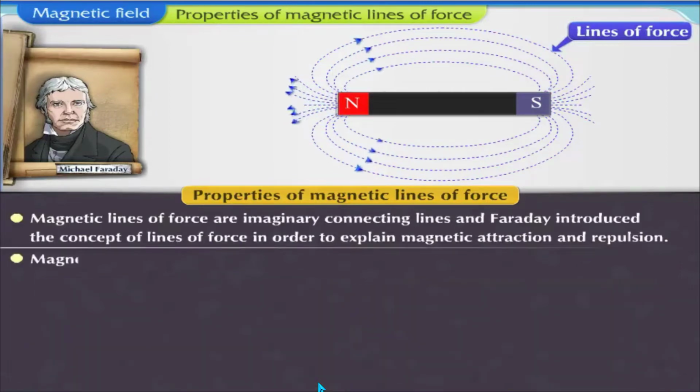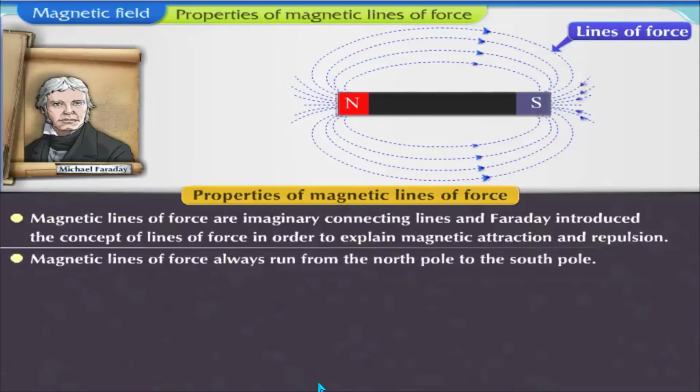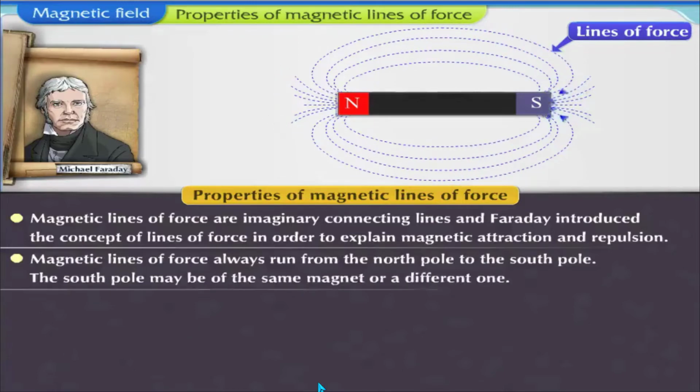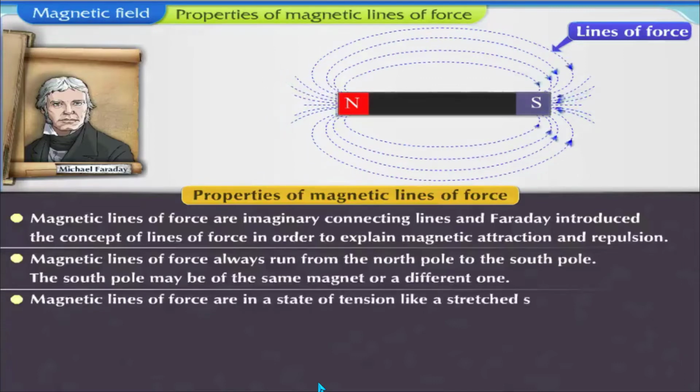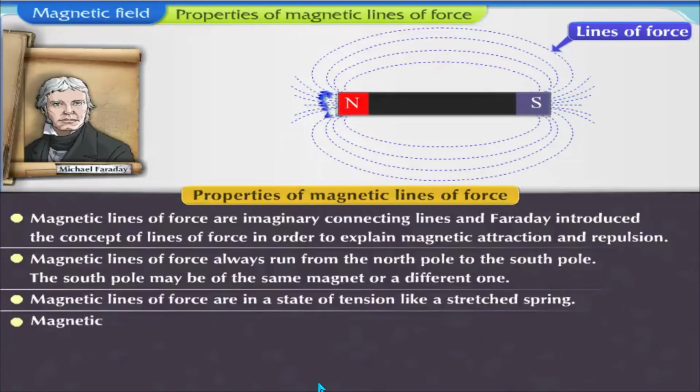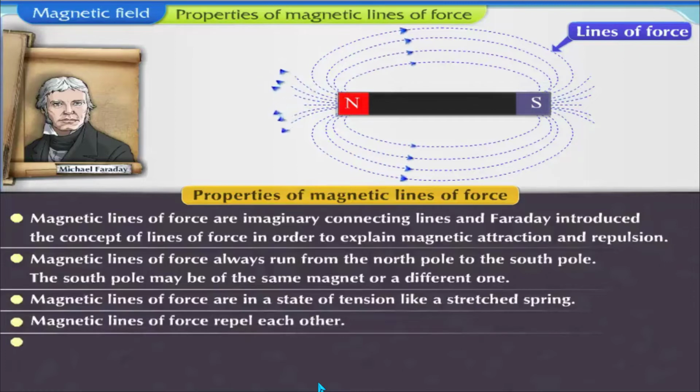2. Magnetic lines of force always run from the North Pole to the South Pole. The South Pole may be of the same magnet or a different one. 3. Magnetic lines of force are in a state of tension like a stretched spring. 4. Magnetic lines of force repel each other. 5.